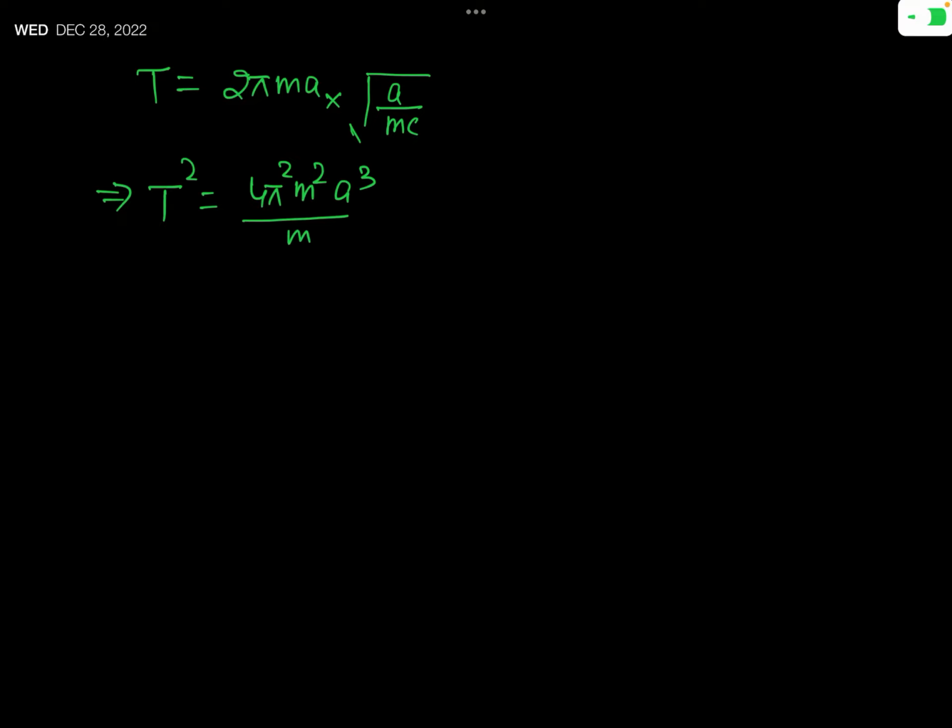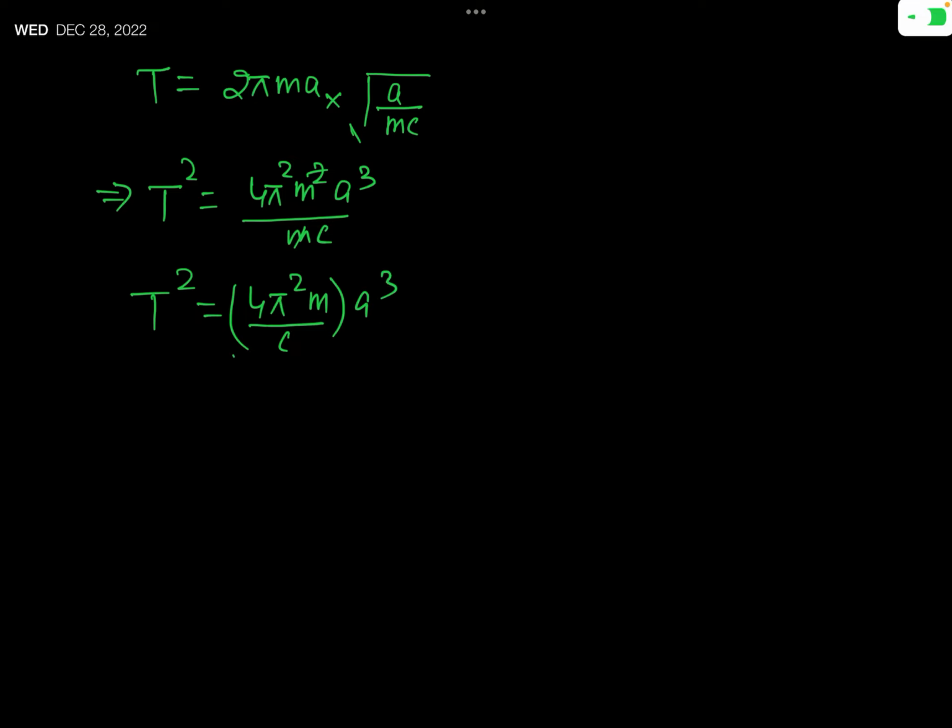Yes, this is actually MC. Okay, so this M will cancel out, and you can see T square is equal to 4 pi square M over C times A cube.